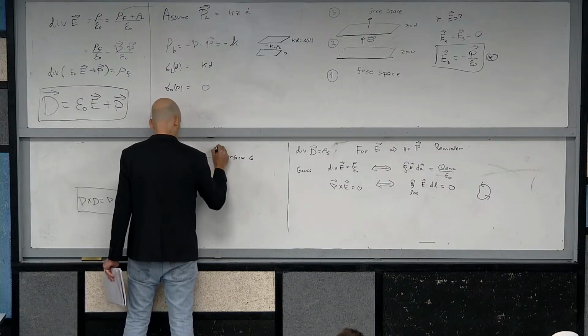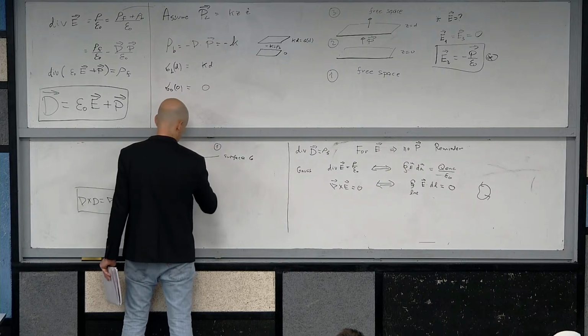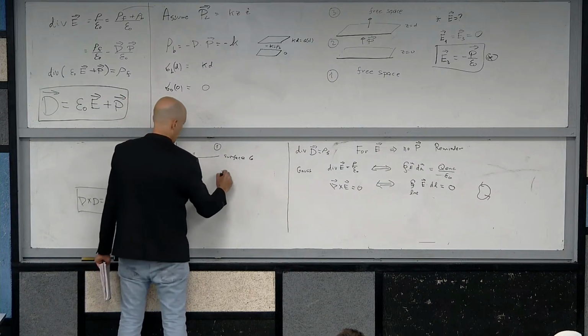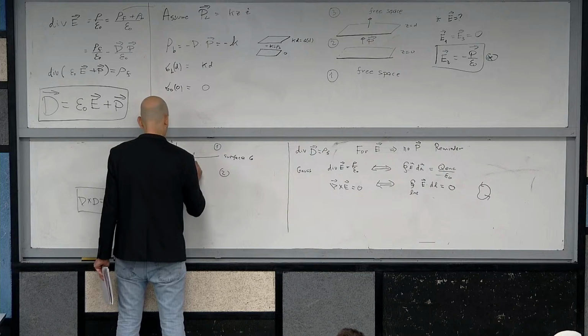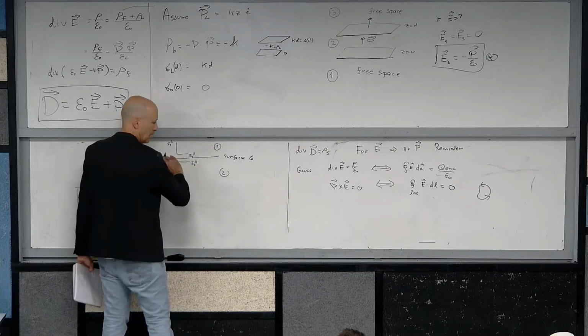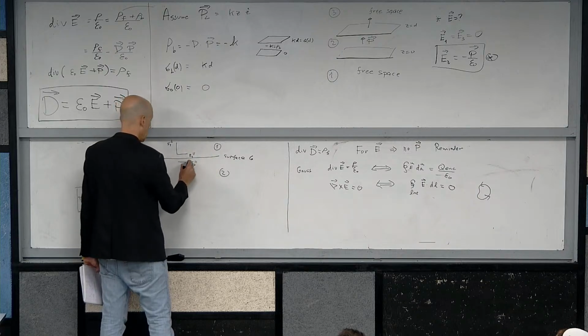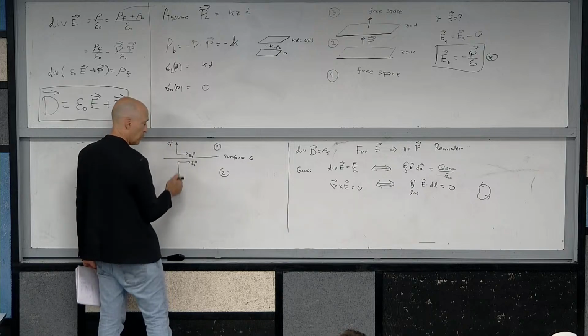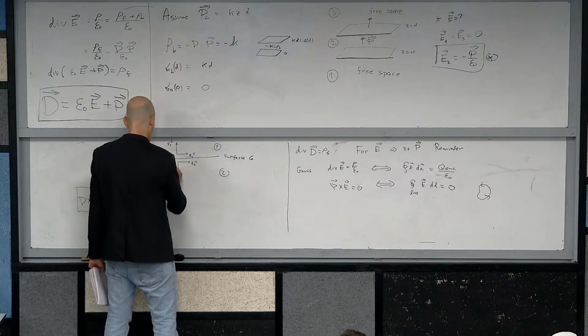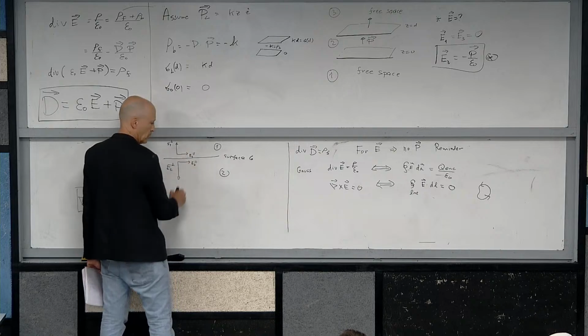So this is material, this is part 1, and this is the boundary. Here is 2, and here I have E2 parallel. It's parallel to the surface, right? I'm showing here the directions that I assume. Of course, if the field is negative, it will be in the opposite direction. And this is E2 perpendicular to the surface.